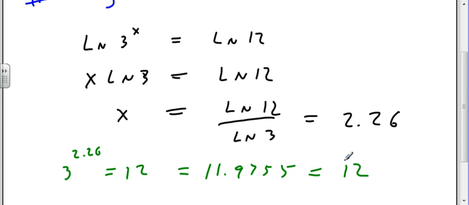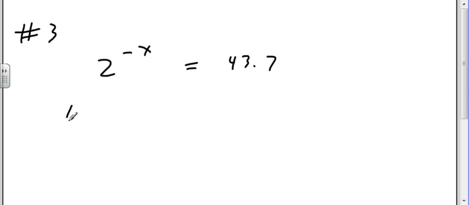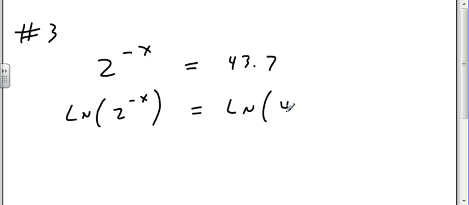Number 3 looks like a cool problem. Number 3, 2 to the minus x is 43.7. So we'll take the natural log of both sides, because that's the easiest to use in my calculator. But there's no wrong way.